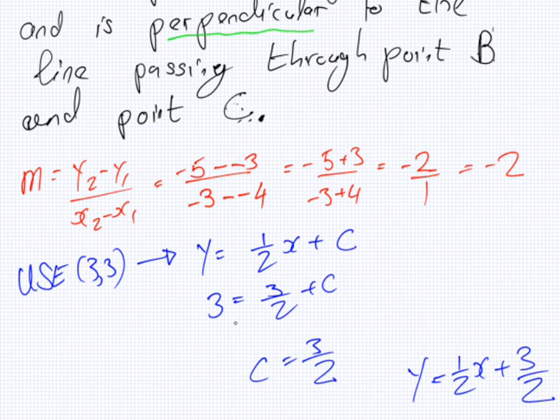So we have our answer: y equals minus 7 over 5x plus 52 over 5. So this one's going down.